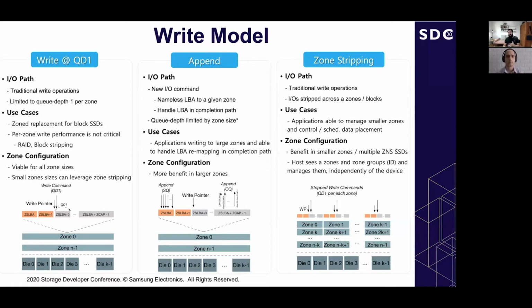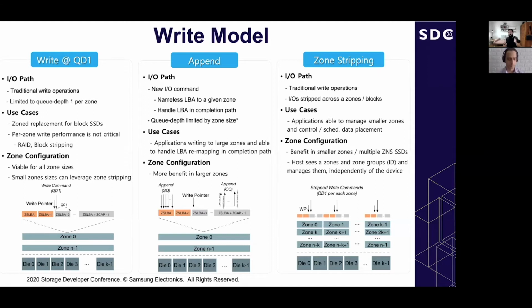The second way of writing when we don't want to do queue depth 1 is zone striping. This essentially means we do queue depth 1, but across smaller zones. So essentially, the host software is responsible for deciding to which zone is being written in parallel.